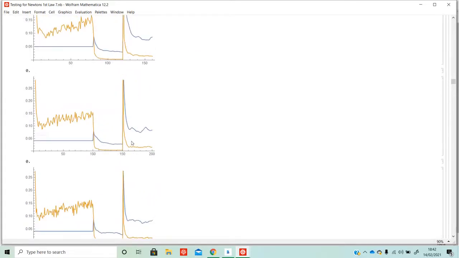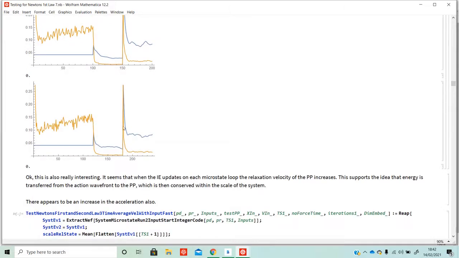Now this is what's really interesting. When it gets that value, the new velocity that it seems to be relaxing at seems to be a higher constant velocity. There seems to be some jumping up and down here, and there's a non-zero acceleration. First of all, the velocity goes to another higher level velocity.